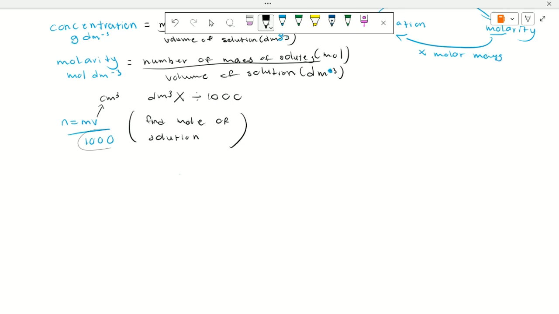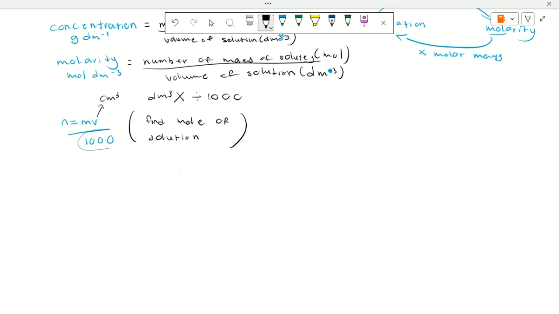Because the function of dividing by 1000 is just to change it into dm cube since the volume is in cm cube. I hope it's clear.